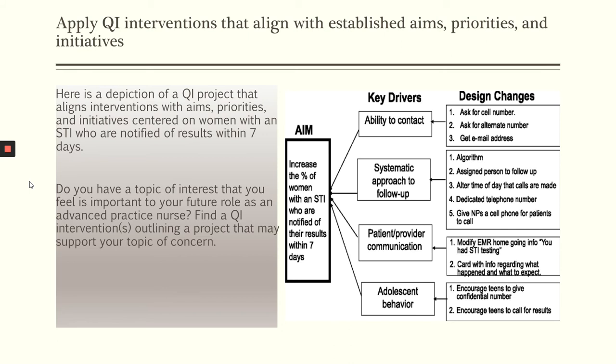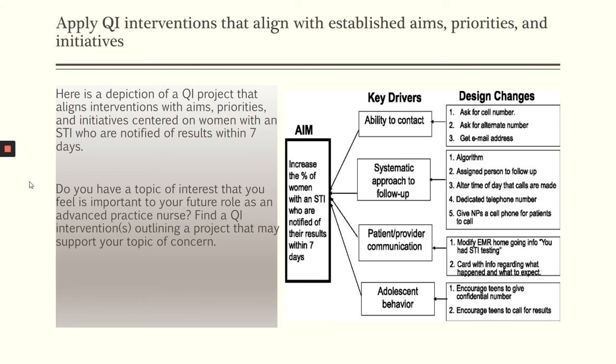The design changes that they came up with were to ask for a cell number and then an alternate number, or as a third option, get an email address. That helps cover ability to contact. Then the systematic approach to follow-up is to come up with an algorithm that everyone can use that will help toward increasing the percentage of women with an STI notified of results within 7 days.